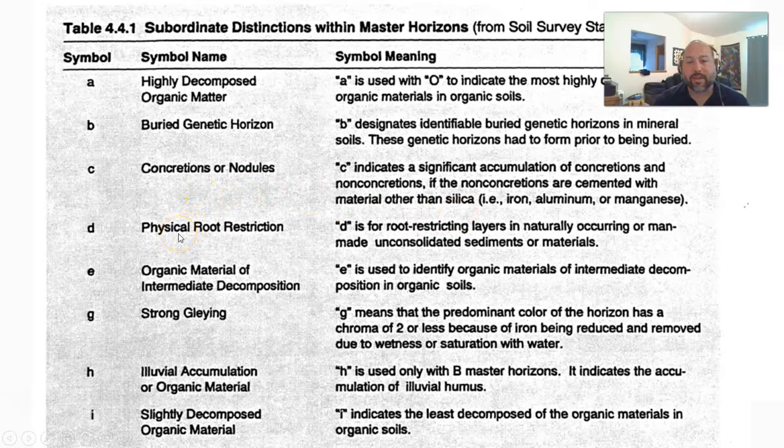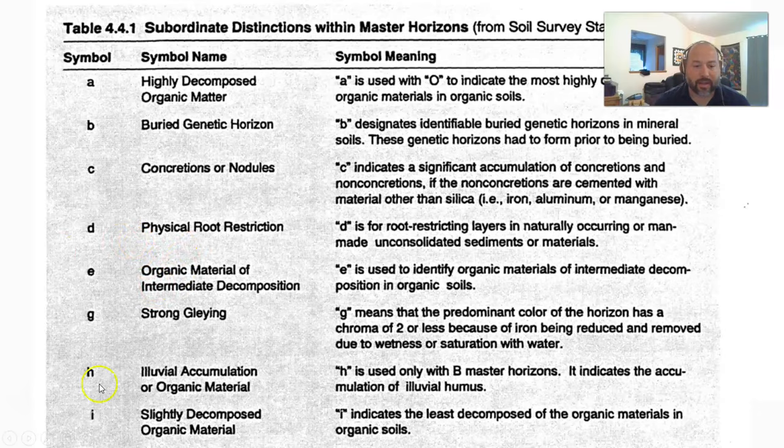d would also be another one that you'd want to know about, but you wouldn't be too happy about it. d is for physical root restriction. So it's for root restricting layers in naturally occurring or man-made unconsolidated sediments or materials. g, strong gleying. g means that the predominant color of the horizon has a chroma of 2 or less because of iron being reduced and removed due to wetness or saturation with water.